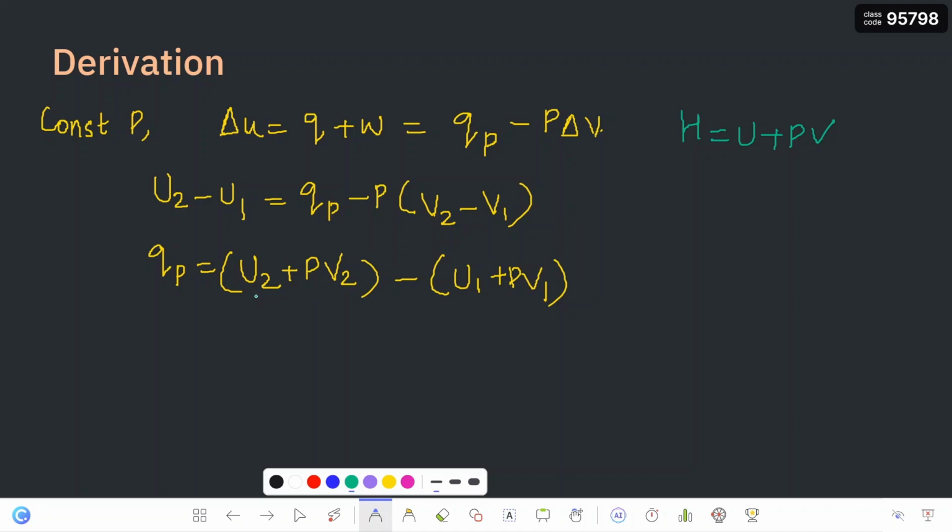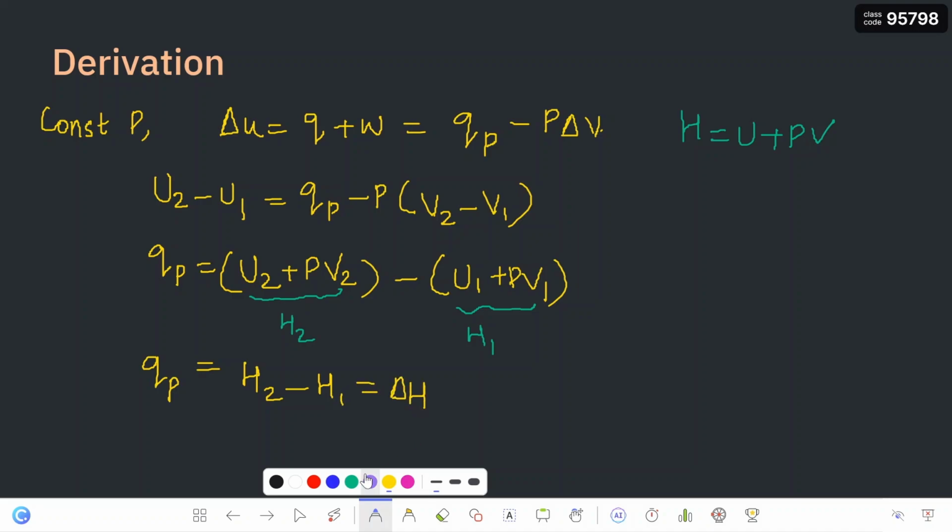This is H2, U2 plus PV2. This is U1 plus PV1, that is H1. That you should remember here. Okay. So we can write it like QP is equal to H2 minus H1, that is delta H.